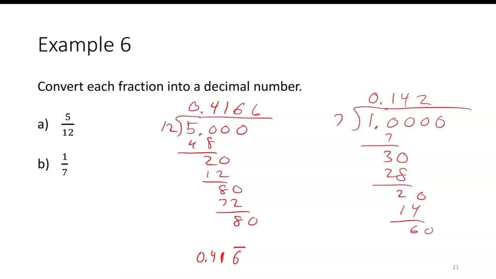And bring down a 0. 7 goes into 60 8 times, 4 remainder. 7 goes into 40 5 times, 5 remainder. 7 goes into 50 7 times, and I end up with a remainder of 1. And so now I start repeating. So 1/7 is going to be 142857 repeated forever.